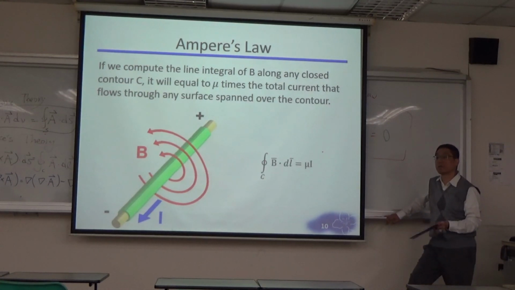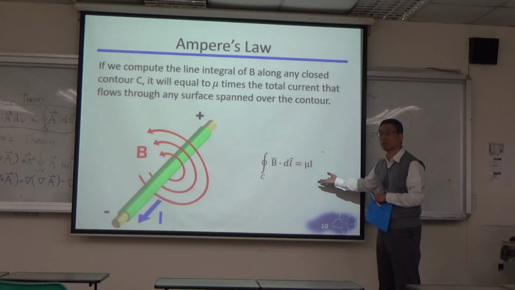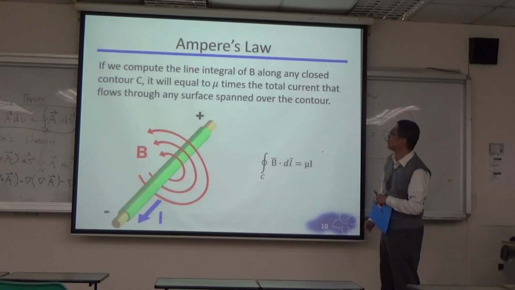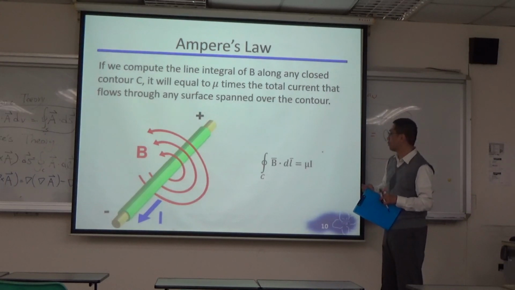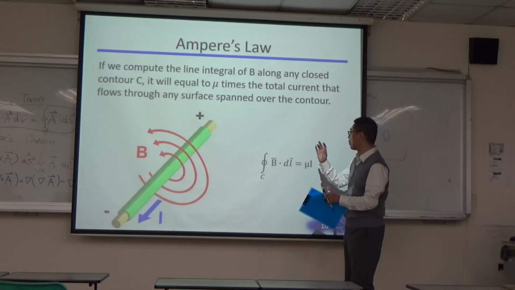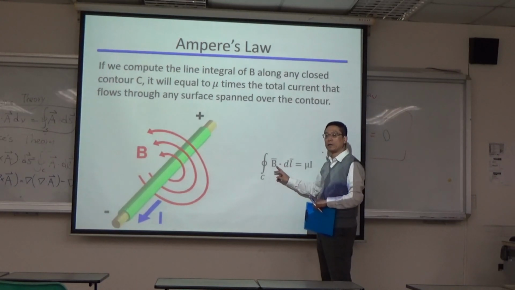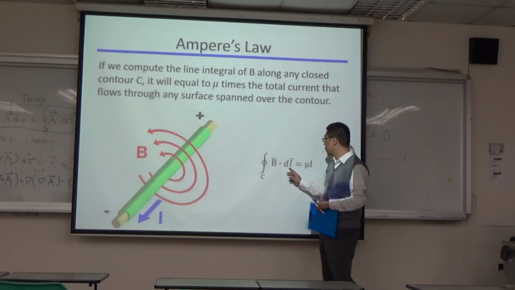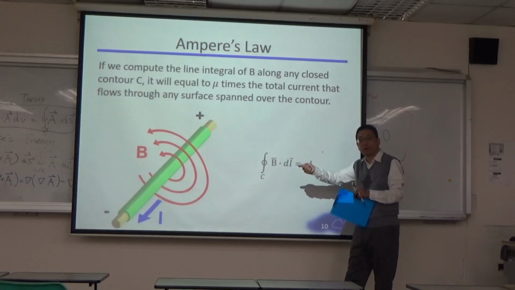For the second Maxwell equation, you apply the Stokes theorem, you will obtain this equation. Okay. Then this is Ampere's law. If you take an integral of your magnetic flux density, you will obtain something related to the current. Okay?